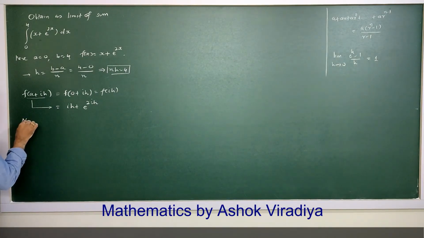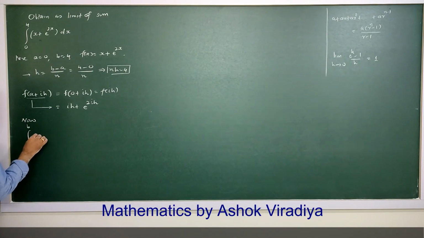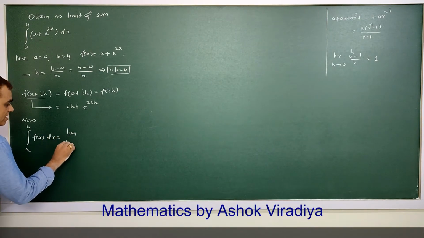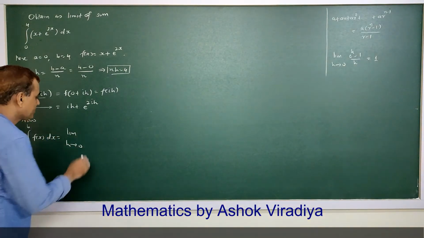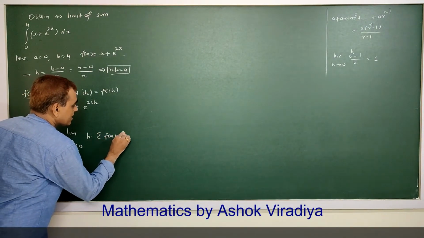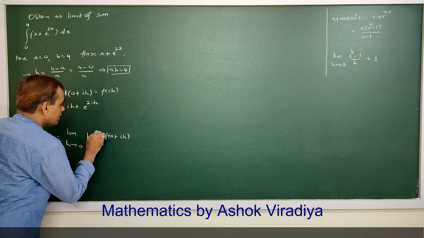Now coming to the formula, integral a to b f(x) dx is limit h tends to 0 of h into sigma f of a plus ih, i equal to 1 to n.